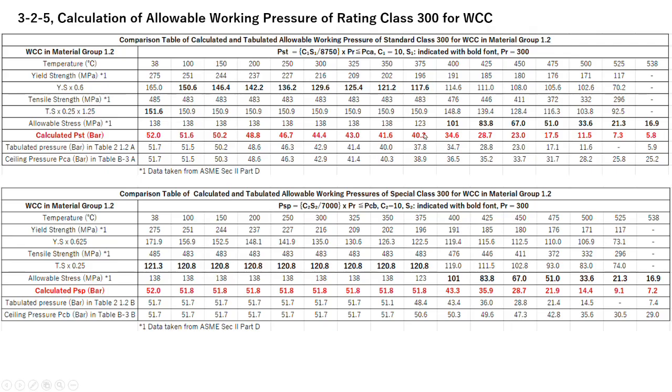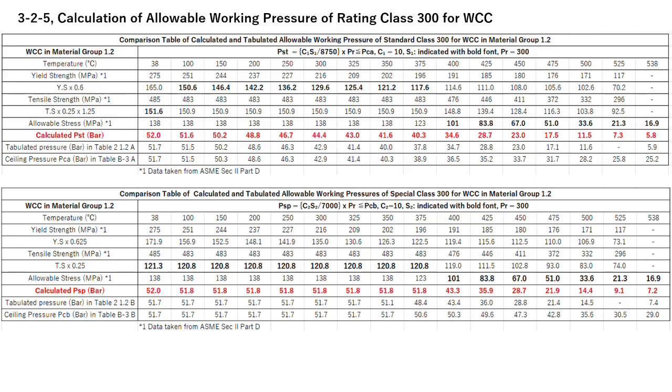So 375, still yield strength value is lower indicated than allowable stress. So assign the 170.6 assigned for S1 value.